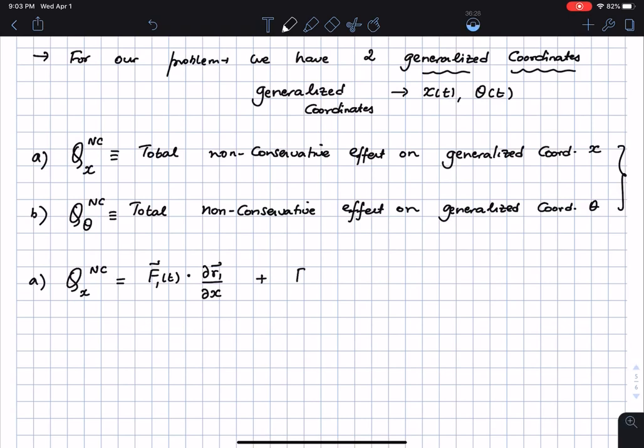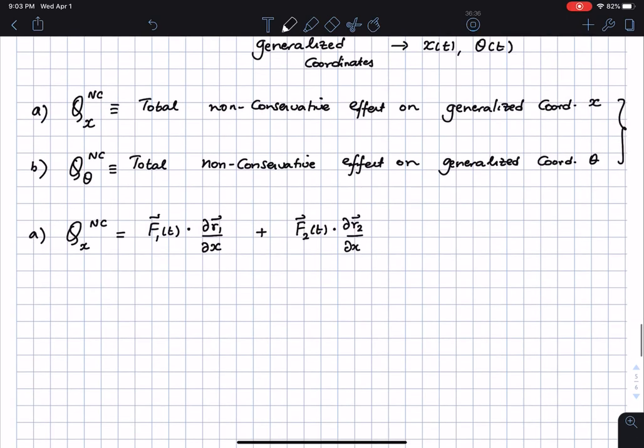Then I'm going to have F2 of t dotted with dr2 by dx once again, and I'm going to have two more. I'm just going to write these out a little closer so that I can label them as I go.